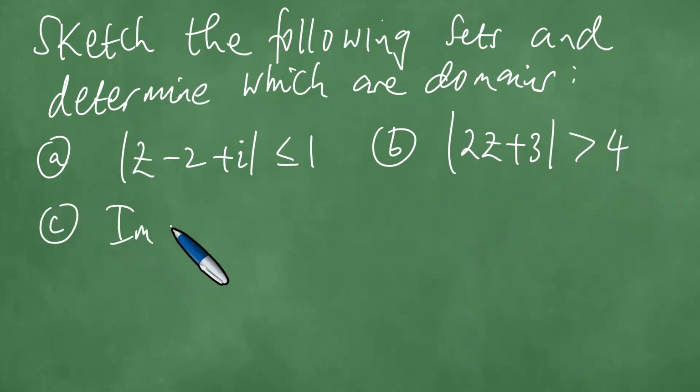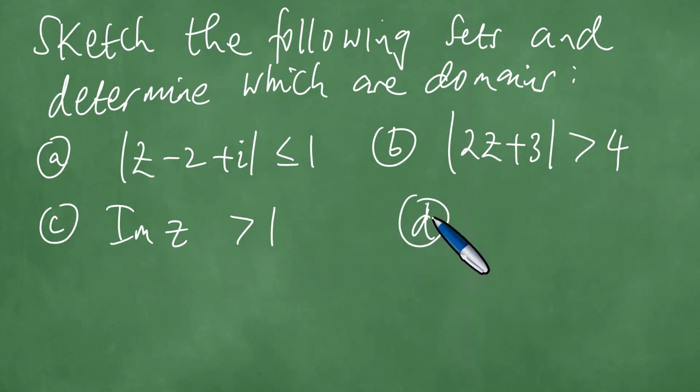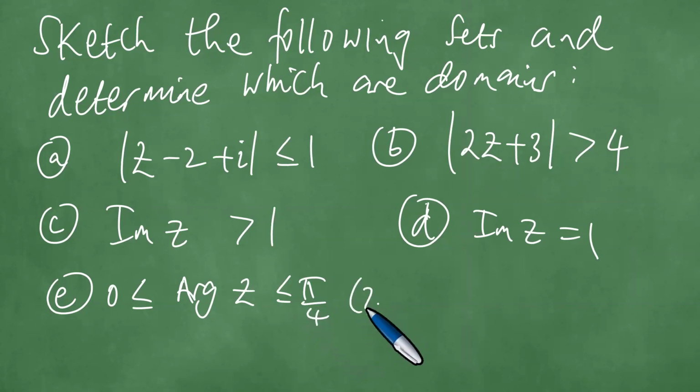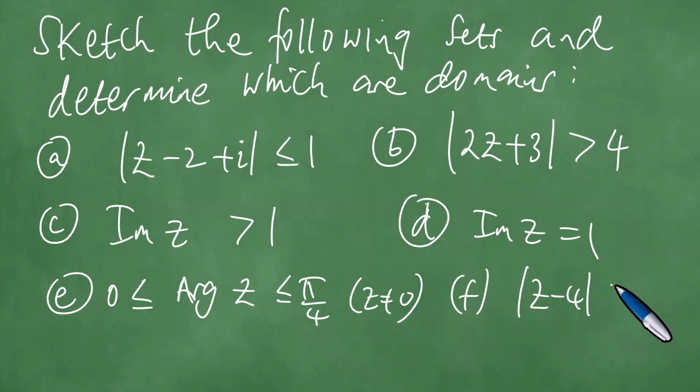C: imaginary z is bigger than 1. D: imaginary z equals 1. E: 0 is less or equal to the argument of z is less or equal to a quarter pi, z not 0, always for the argument we take z not 0. F: modulus of this is greater or equal to modulus of z.